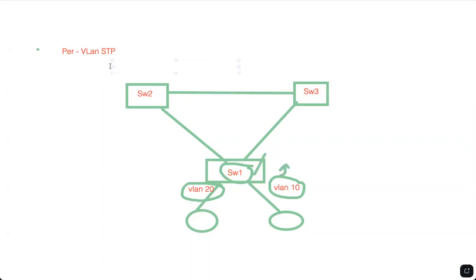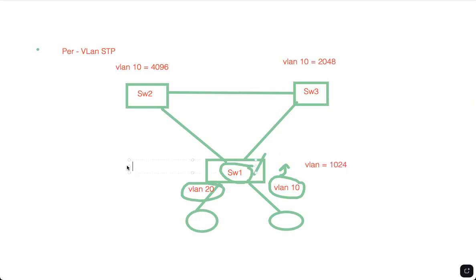So for VLAN 10, let's do one thing: priority is 4096, priority is 2048, priority is 1024.